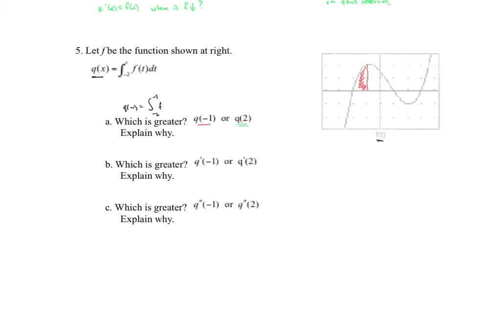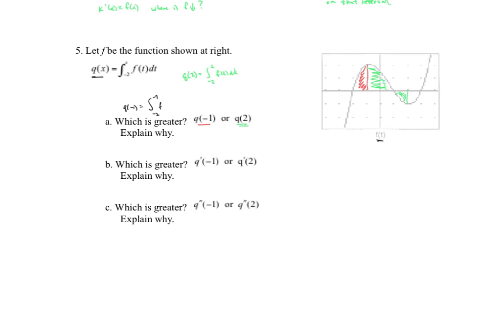Now q of 2 is going to be that integral from -2 to 2 of f. And so we're going to accumulate all of this additional area, but we're going to get a little bit of this negative as well.